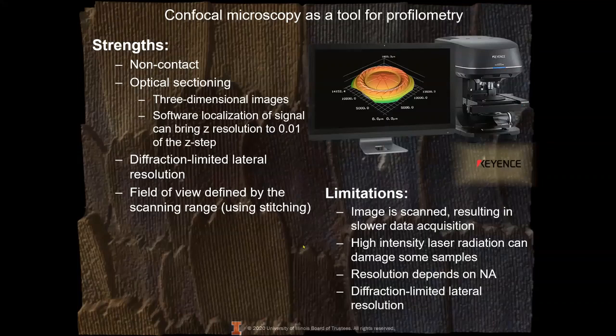Its limitation, since it's a scanning technique, is that it can be slow, for example, when compared to some other techniques like interferometry or focus variation. Its resolution will depend on the numerical aperture of the objective that you're using. And if your sample is smaller than its diffraction limited lateral resolution, then that will also be a limitation in your case.